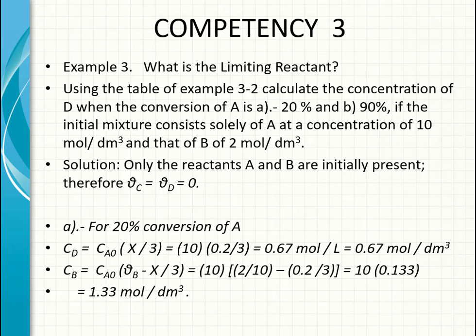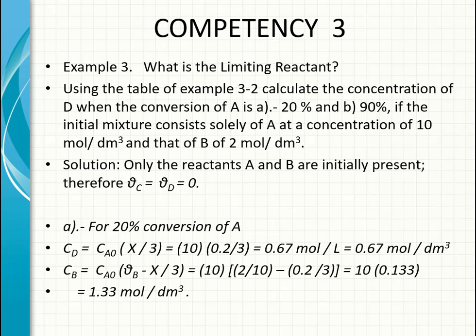If the initial mixture consists only of A at a concentration of 10 moles per cubic decimeter, or 10 moles per liter, and B at 2 moles per liter. Solution: only the reactants A and B are initially present, so theta C and theta D are 0.